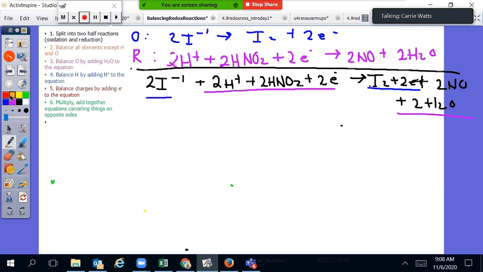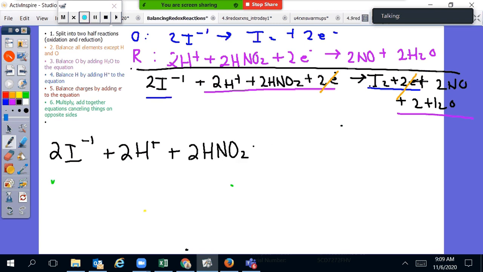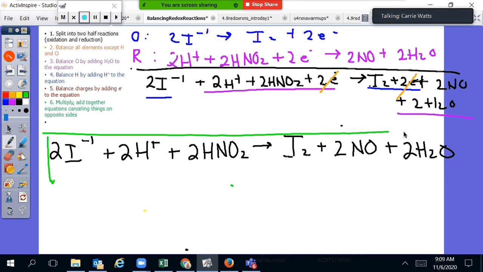We can cancel out, of course, our electrons, and I think that looks like it. So our final equation will be 2I negative 1, 2H plus, 2HNO2 yields I2 plus 2NO plus 2H2O. And this is going to be our final redox reaction.